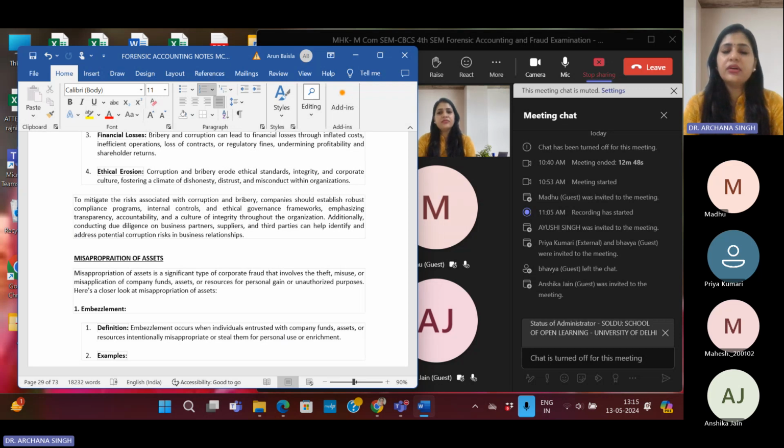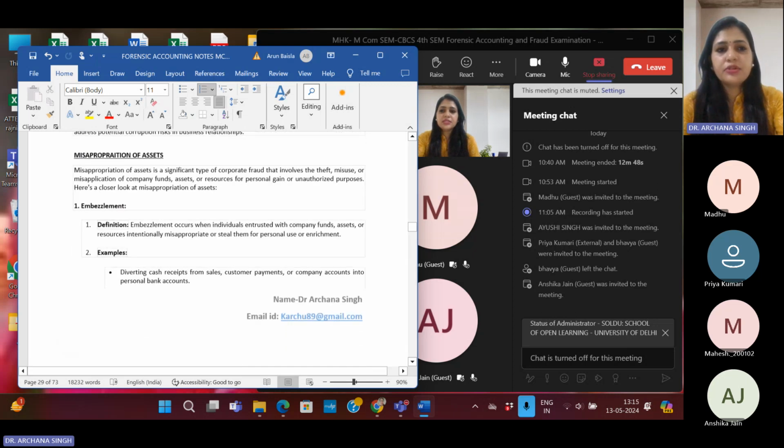So these are some of the risks associated with corruption and bribery, which the company should take care of, and accordingly plan their control activities and governance framework, so that they can emphasize transparency, accountability and a culture of integrity throughout the organization. While conducting due diligence on business partners, suppliers and third parties, it can help to identify and address potential corruption risk in the business relationships.